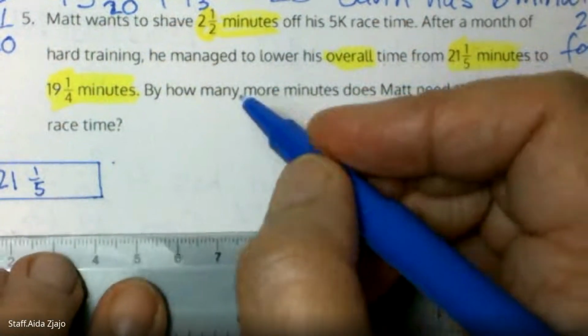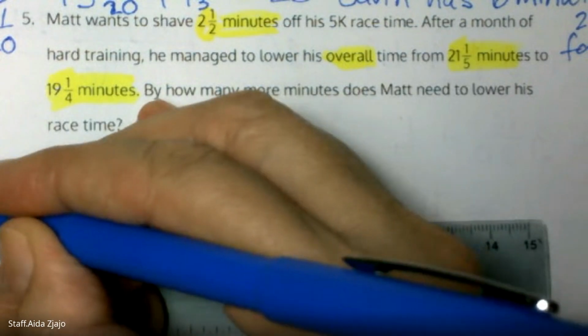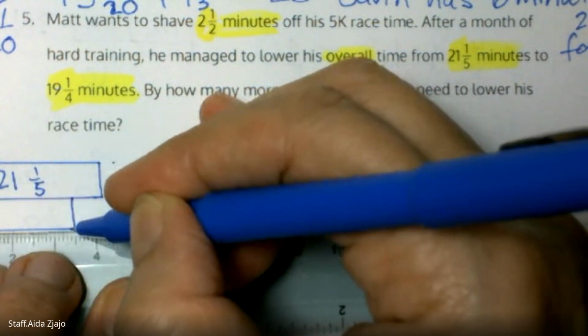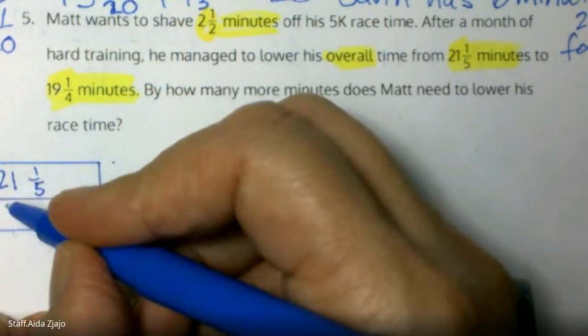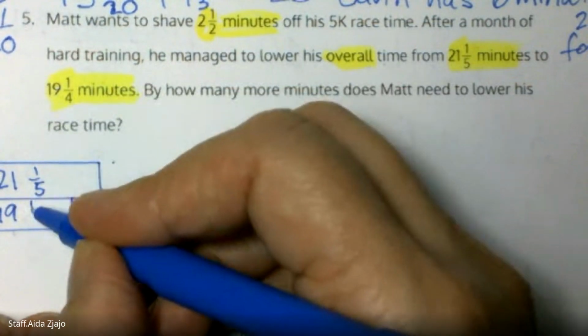And now he managed to lower it, for example, this much, and he has now 19 and 1/4.